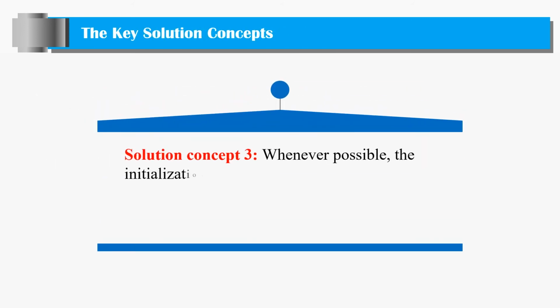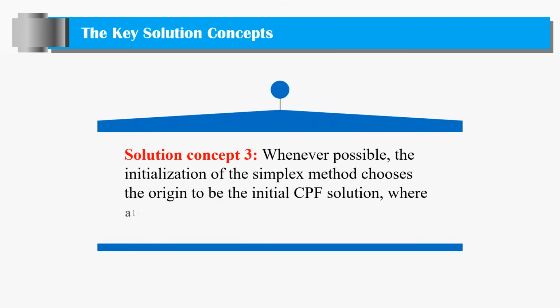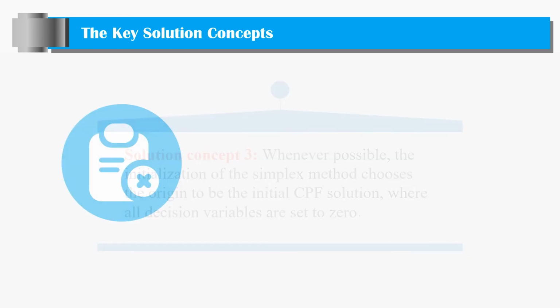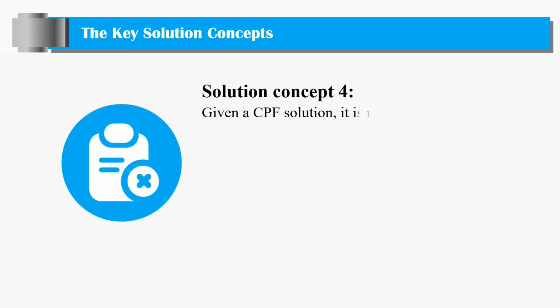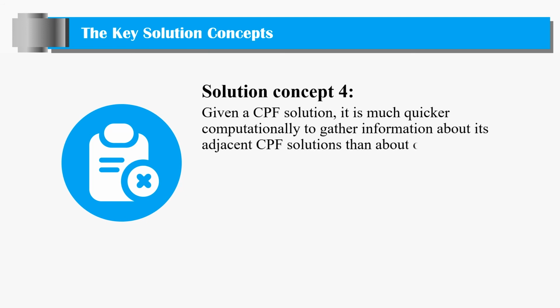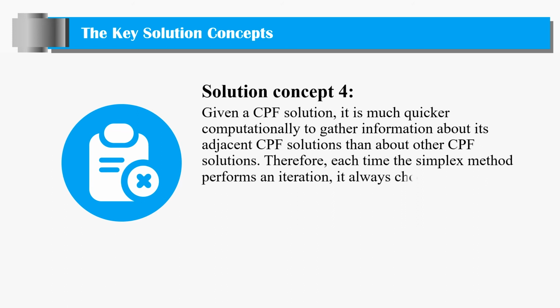Third, to start the simplex method, we need an initial CPF solution. And the easiest one to choose is usually the origin, where all the decision variables are set to 0. Fourth, given the current CPF solution, it's much easier computationally to gather information about its adjacent CPF solutions than about other CPF solutions.